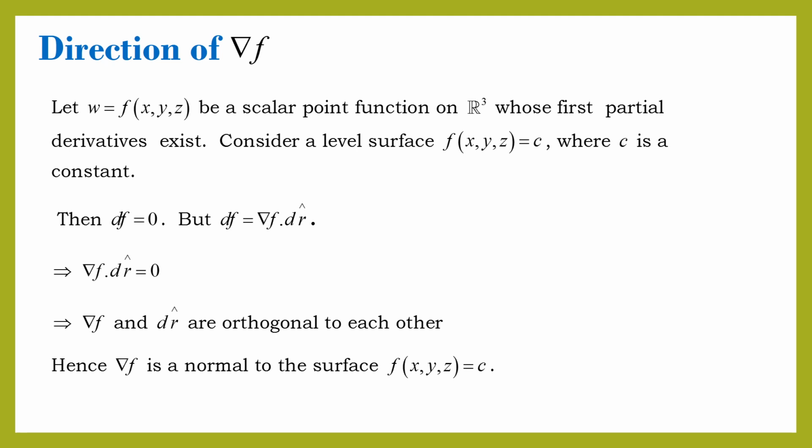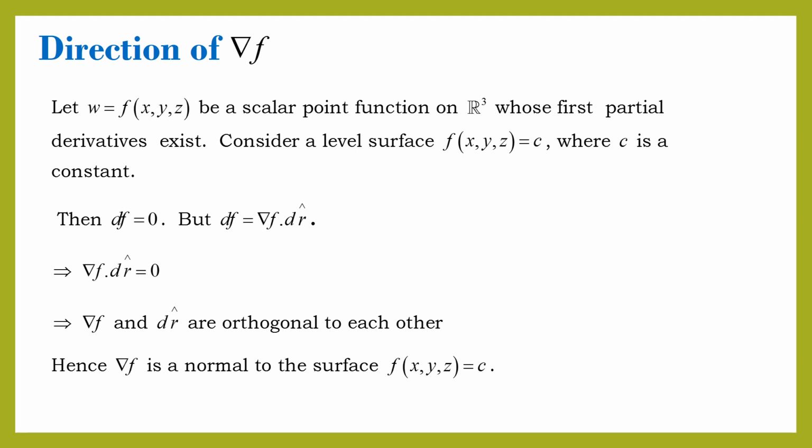Now, because f is a constant, its total derivative df is 0. Because f of x comma y comma z equals c, df becomes 0. What is df? We derived one formula for df. Del f dot dr cap equals df. Because df is 0, del f dot dr cap becomes 0.